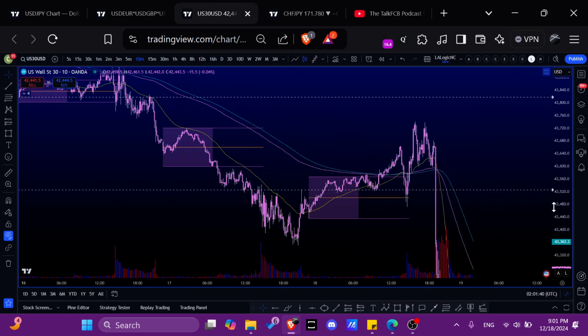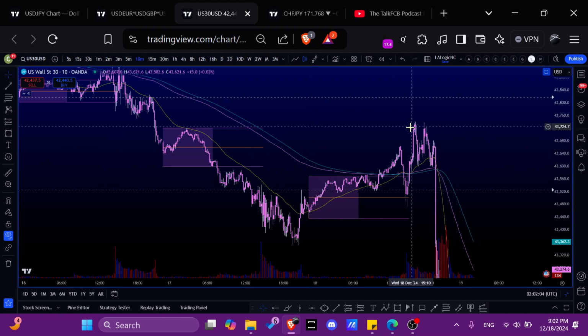But what do we see here? We see drops, right? Price is going down. Trend is down. Consolidation for the Asian consolidation. Low, mid, high line levels.